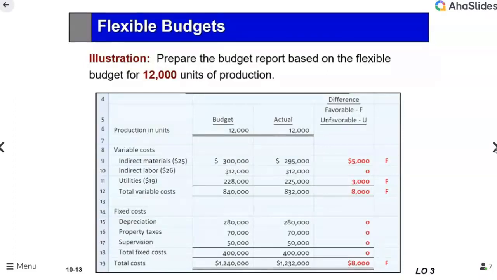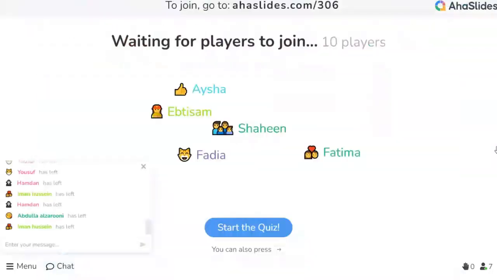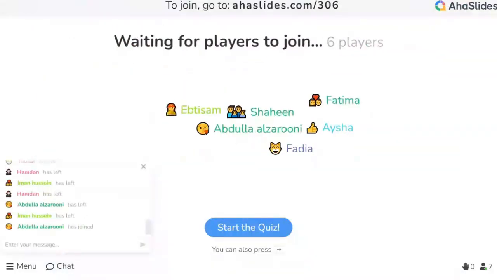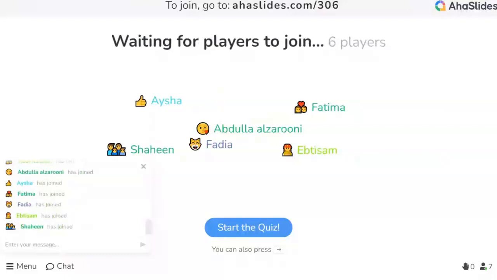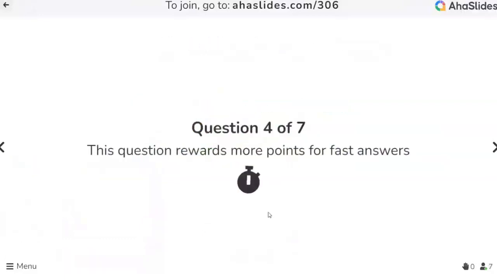Okay, that's the idea of a flexible budget. And that's how we use the budget to control. Except for sales, we don't actually compare to budgeted numbers. We flex those numbers. Okay, start the quiz.